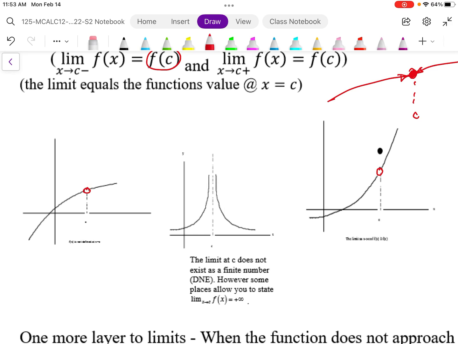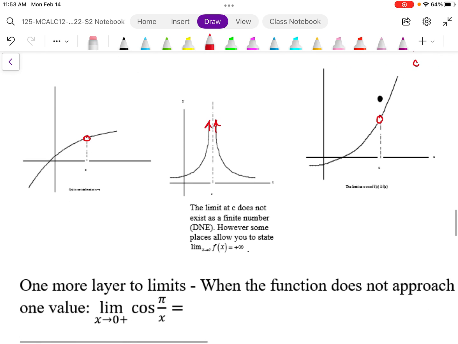This one is called an infinite discontinuity in the middle, where it's going to infinity, so it's discontinuous that way. And then we also have something called a jump discontinuity. You're not going to be tested on the different types, but there are different types, and we can establish the limits differently to differentiate between them.